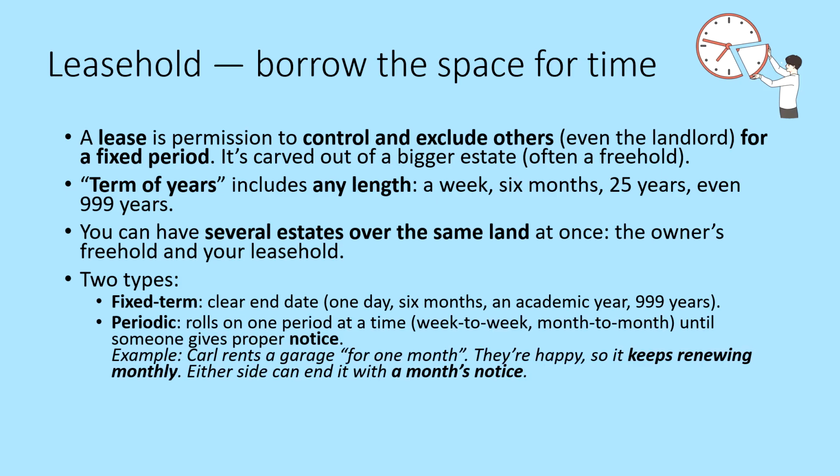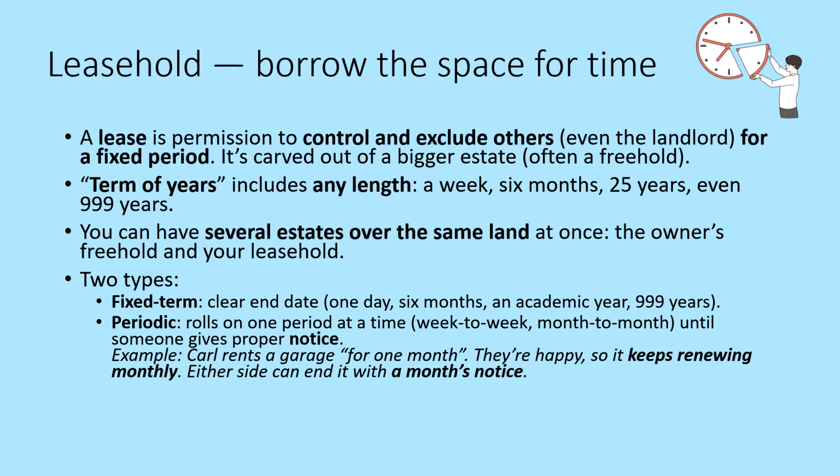Or the other option is periodic terms, where leases roll on for a specified period of time, like every week, every month, until someone gives proper notice, and then it will just end and you have to give up the control.